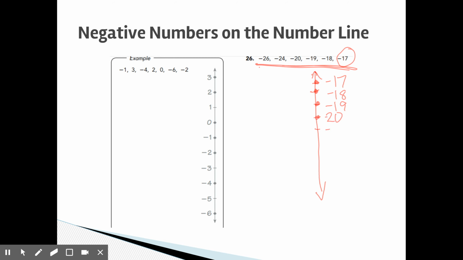So again, I'm still going to include negative 21, negative 22, negative 23, negative 24 they asked for, so I put that dot there. Negative 25, and negative 26. That's my lowest one. You can imagine you're digging down, you're going deeper.